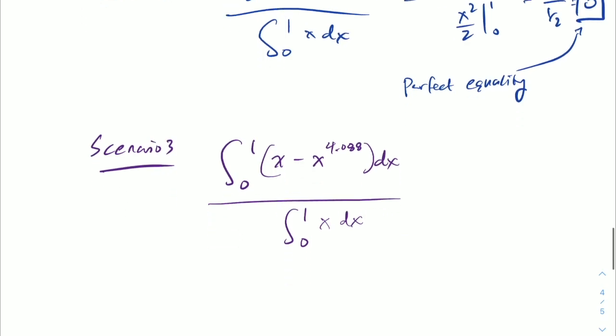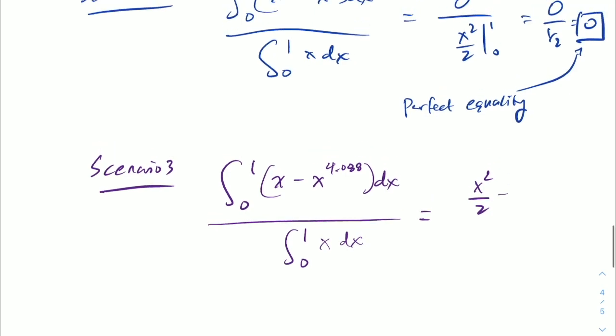If you antiderive x, you get x squared over 2. If you antiderive this x to the 4.088, you'll get x to the 4.088 plus 1, or more succinctly, 5.088. And then I'll be putting 1 and 0 into that.